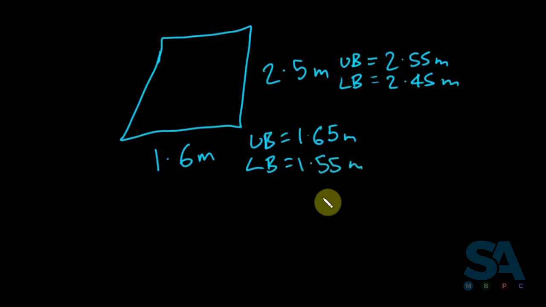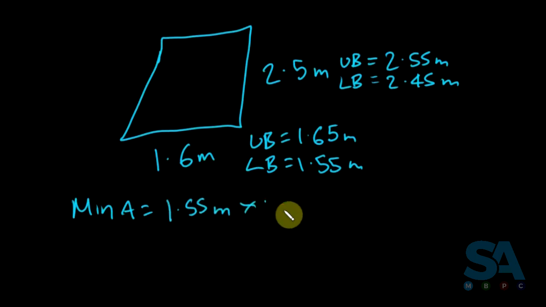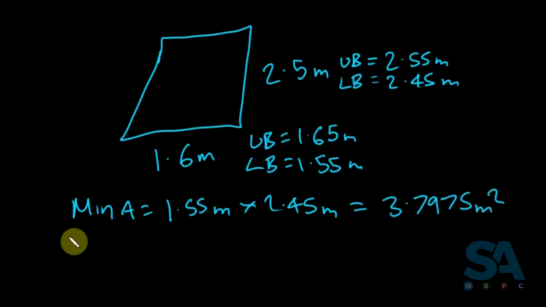So to find the minimum value for the area of this rectangle, what you would do is times the lower bounds of both of these dimensions together, so the calculation would be 1.55 meters times by 2.45 meters, which gives you 3.7975 meters squared.